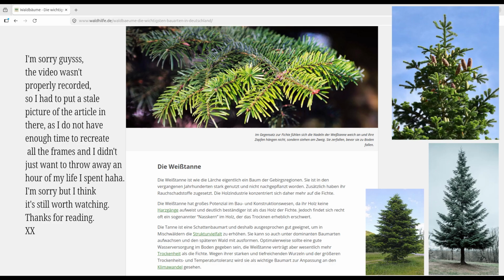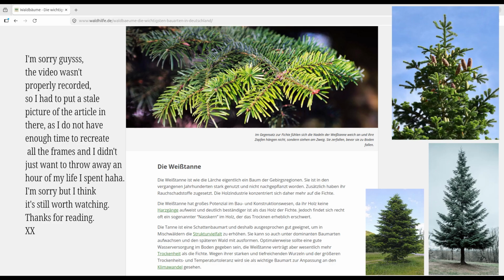So optimally should a good water supply in the ground be given. Die Weißtanne, the white silver fir, is able to carry, but a lot more dryness than the spruce.